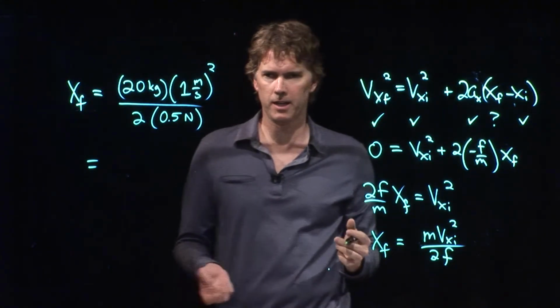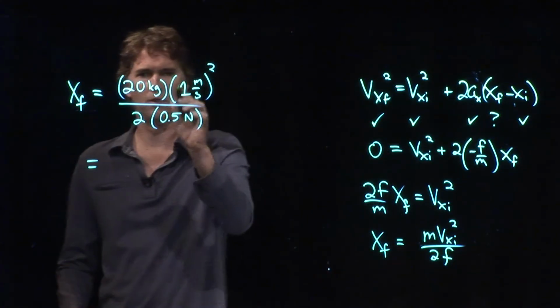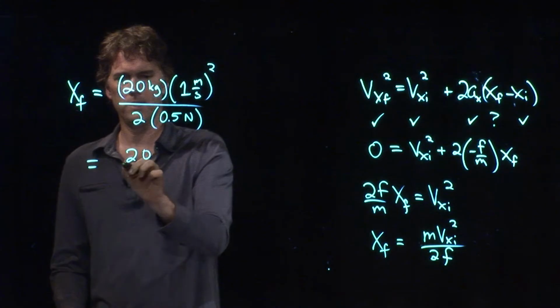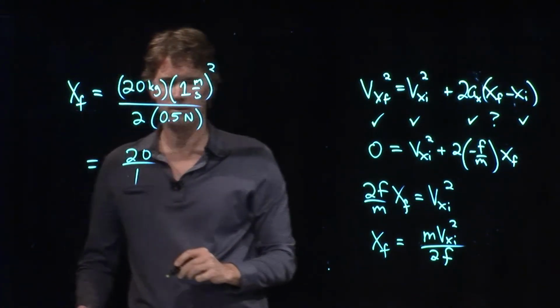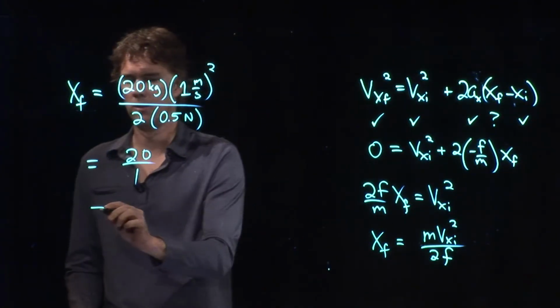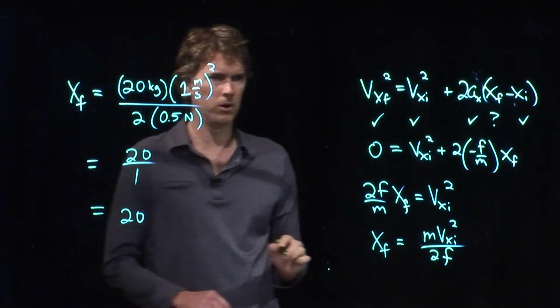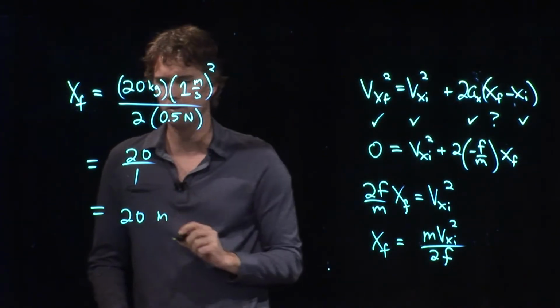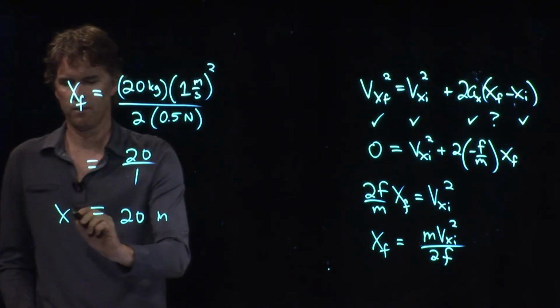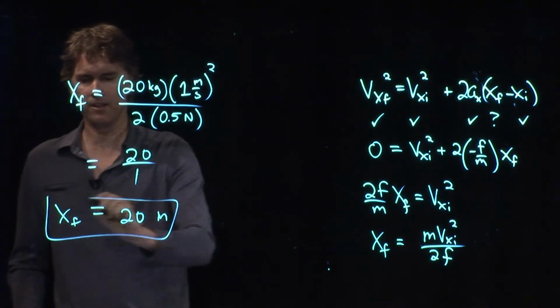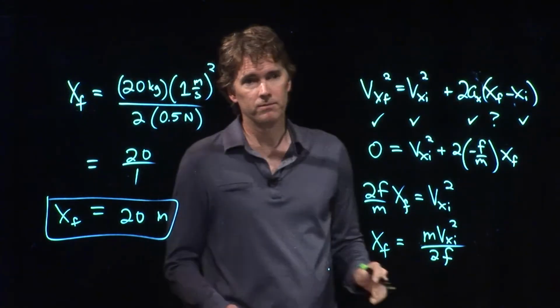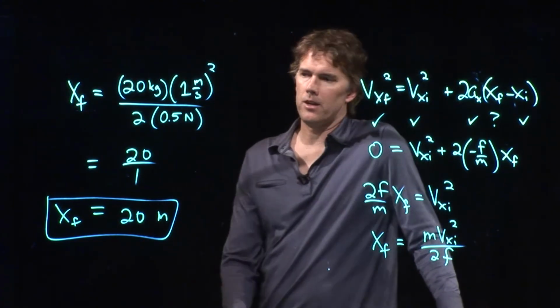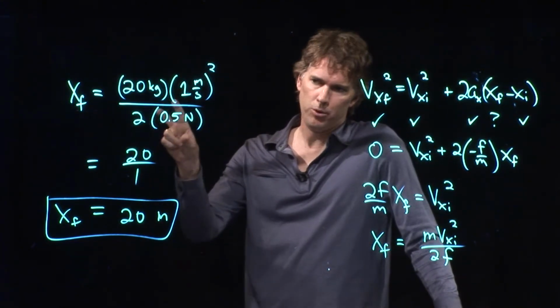So you don't really need a calculator for that, right? 1 squared is 1. 20 over 1 is 20. And what are our units? Meters. So how far is that thing going to slide? 20 meters. I think our initial numbers were pretty good, right?